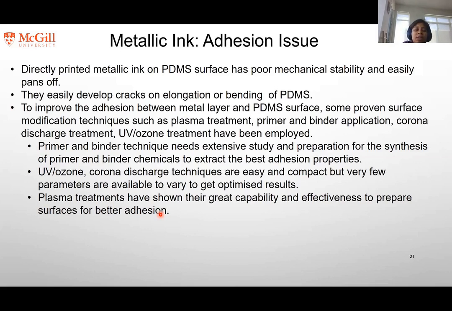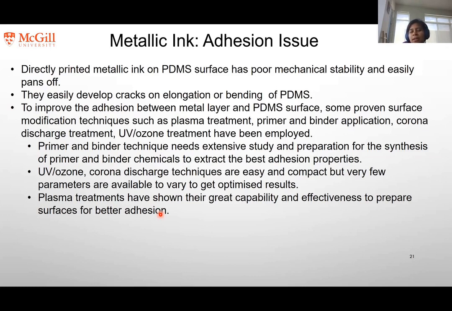The reason we didn't want to go for the primer and binder technique is because it needs extensive study and preparation for the synthesis of the primer and binder chemicals, and you need to play around with those primers to get the best adhesion property.